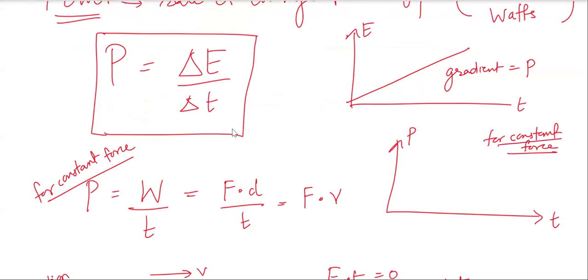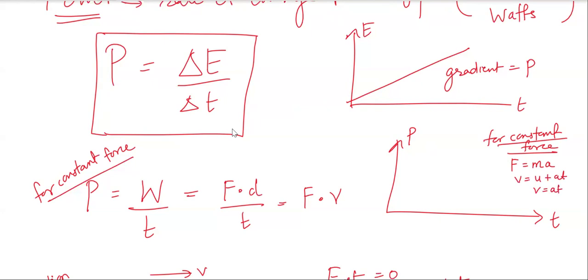For this, we know that for a constant force, mass is constant and acceleration is constant. Usually the velocity, if it is starting from rest, is given by u plus at, so I can write v is equal to at.